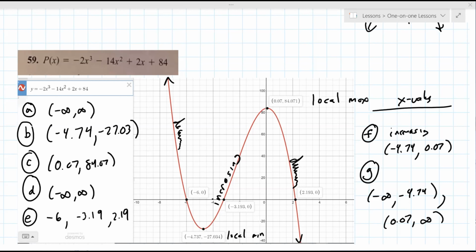Make a copy of this. Well, that's unfortunate.